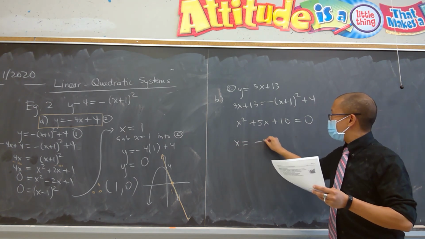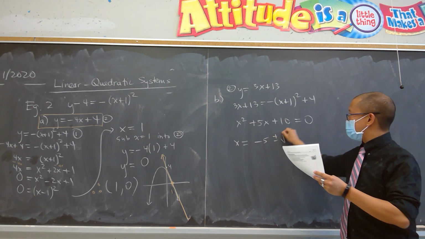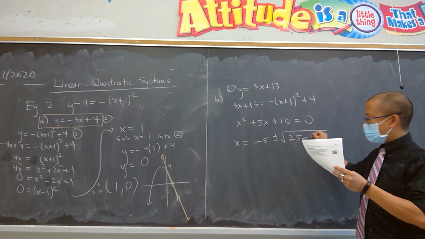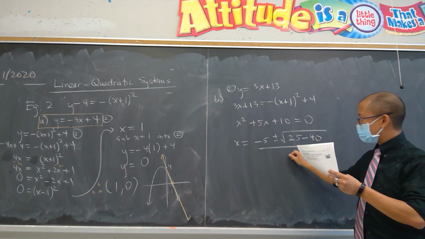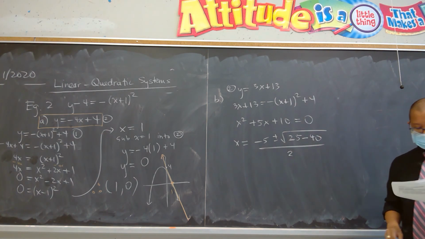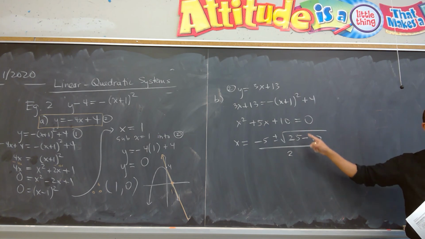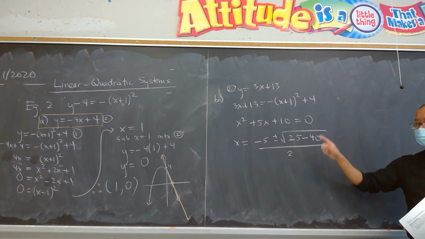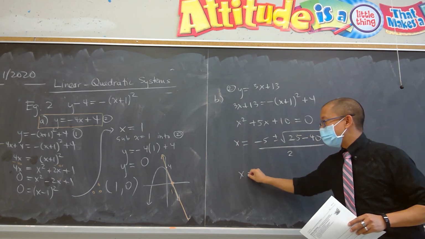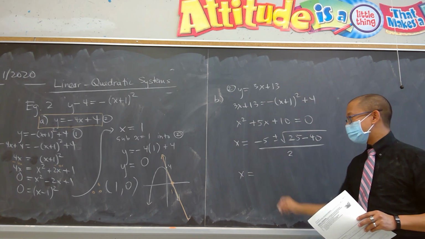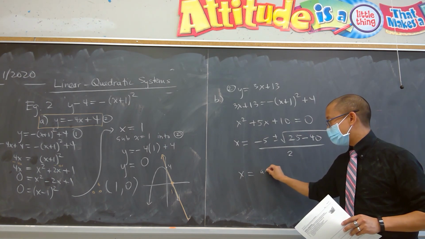So we're going to get negative 5 plus or minus the square root of 25 minus 40, all over 2. And already, a lot of you know, under the square root, the discriminant is negative. So just to give you an idea, for solving for x, the roots are complex.